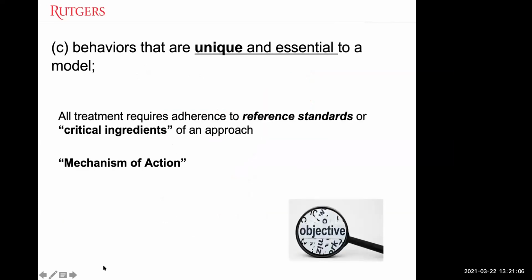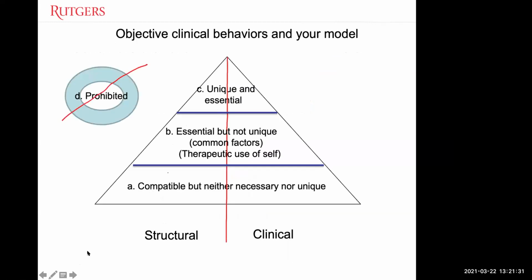Okay, so behaviors that are unique and essential to the model, we often call them the critical ingredients or the mechanism of action. So the way we maintain housing, the strategies we use can serve as the mechanism of action, the critical things that we do to get good at what we're doing and achieve good outcomes. So I threw in this one last thing.